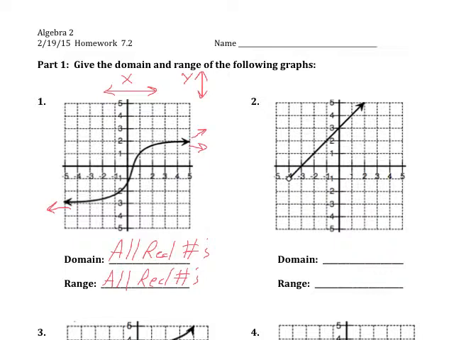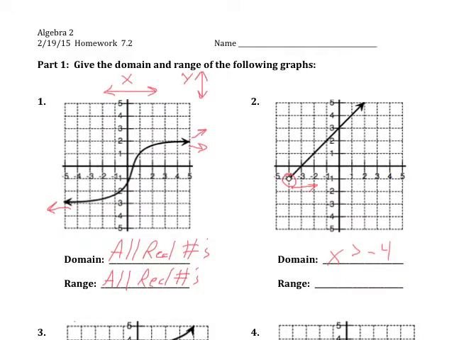Number two, the domain, we have kind of an issue right here with that open circle. So the domain is the x values, and this graph starts at -4 and goes that way to the right. So that's all numbers greater than -4.